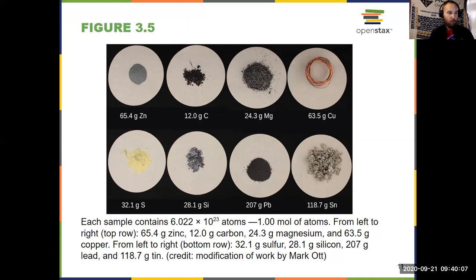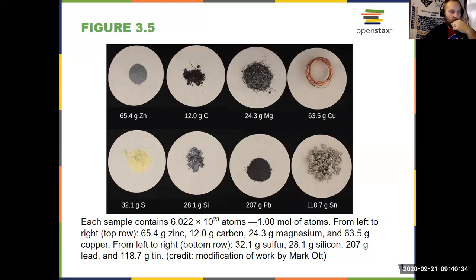It has the same number of atoms, in this case, as the others. So 1 mole of something has the same quantity as 1 mole of something else. But as you see here, the masses are very different because the atoms that make these things up have different masses themselves. Atoms and molecules have different masses. I hope this is making sense.